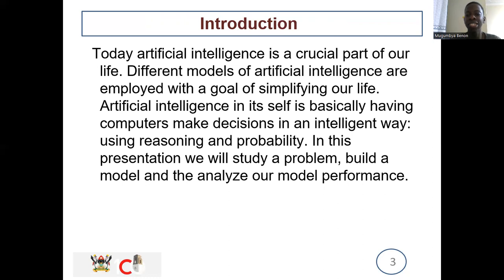Artificial intelligence in itself is basically having computers think more logically or in an intelligent way. Some want to call it thinking like humans, but here it's in a smaller portion, and depending on our problem is how we describe what our AI model should do. So in this presentation, we are going to basically study a problem, build a model, and analyze our model.